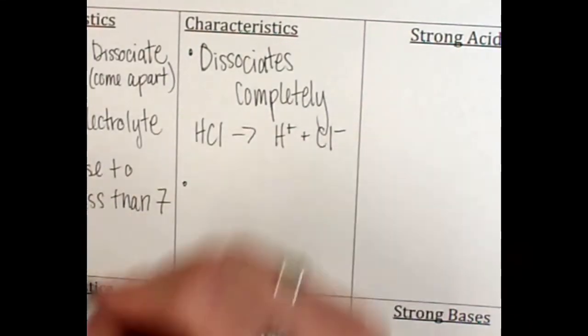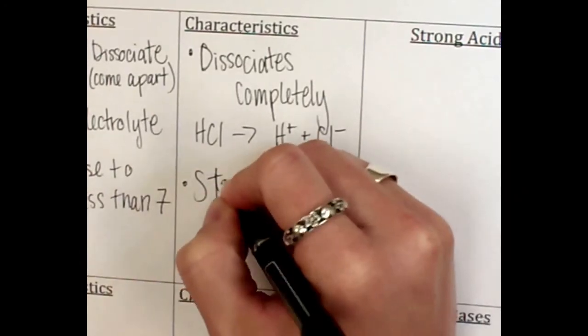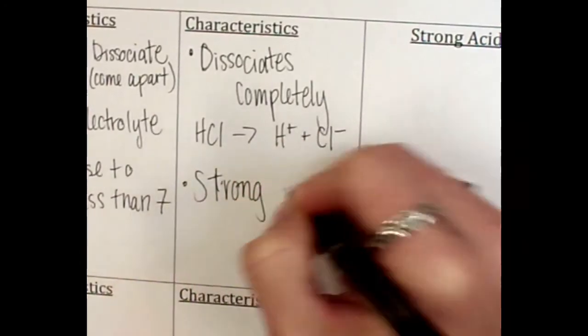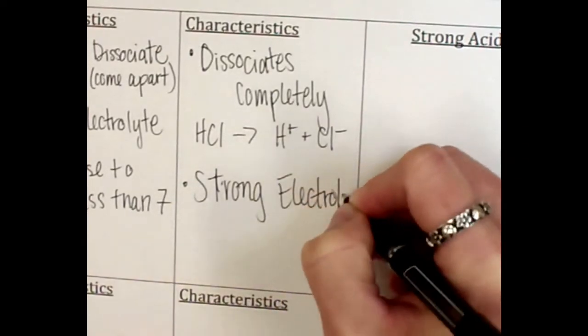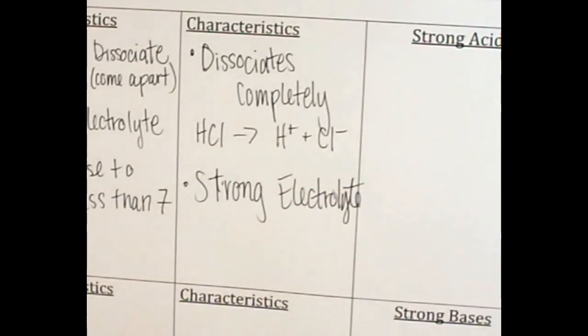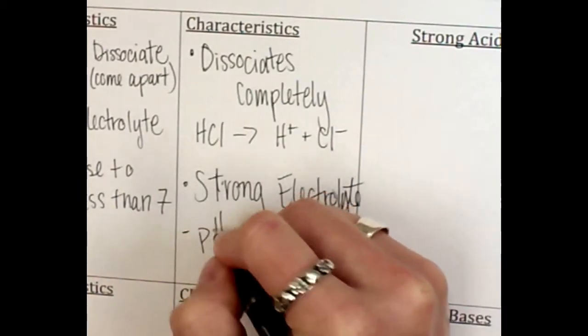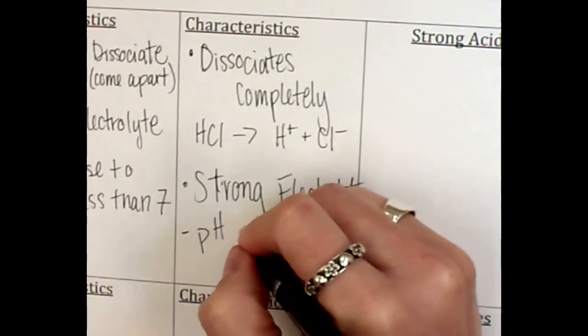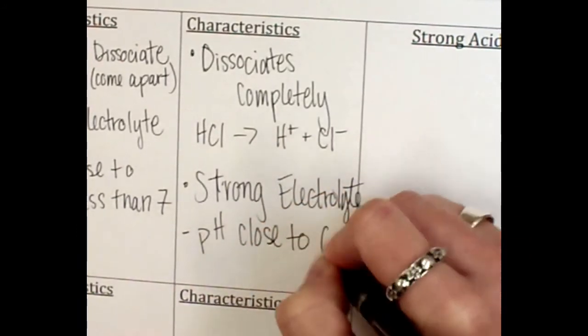It's a strong electrolyte. And the pH is still less than 7, but it's going to be on the other side, so it's going to be close to 0, like you were saying.